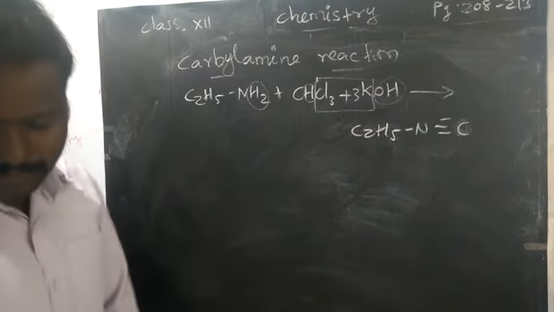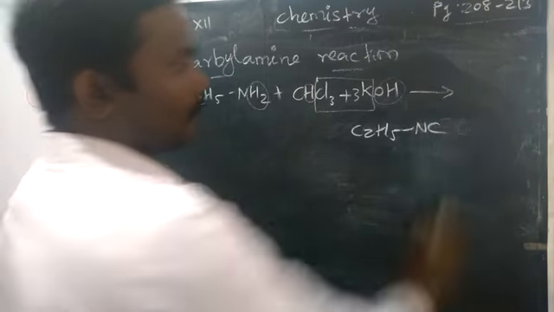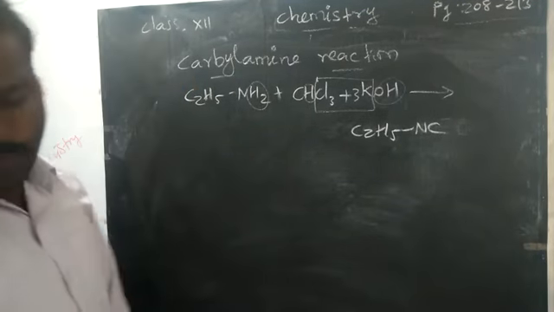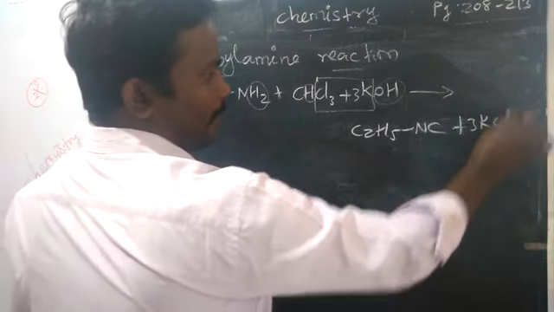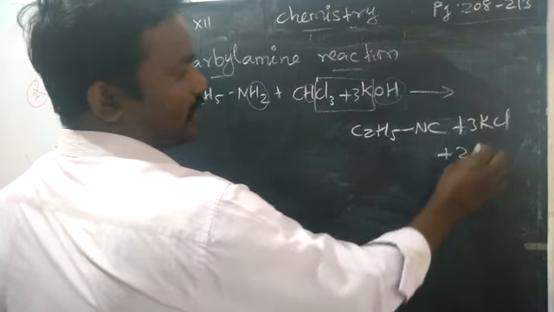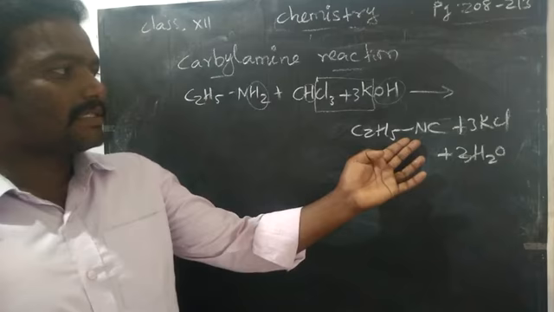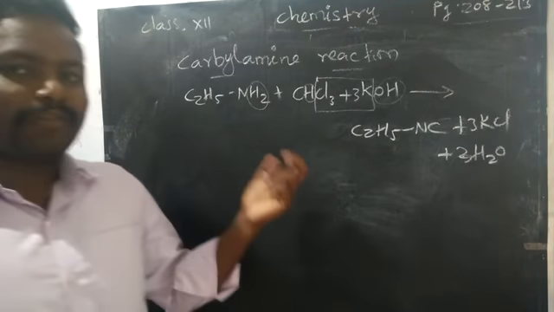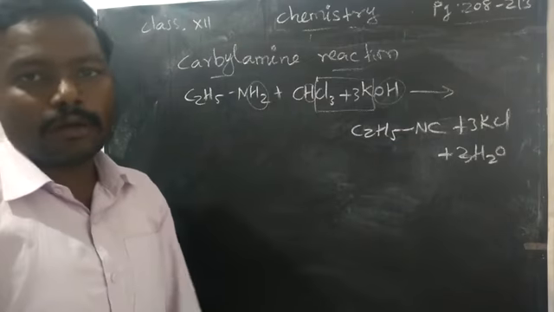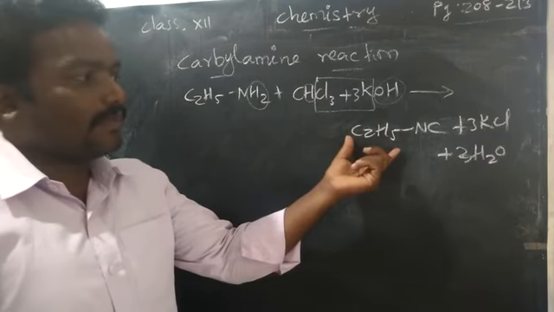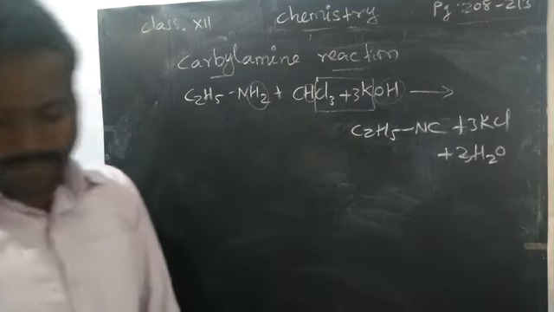Or simply you can write NC. Then what are the side products? We will get 3 KCl and 3 moles of water. Usually we get CN, which means cyanide. NC we got, so it is an isocyanide. So what is the name of this compound? Ethyl isocyanide is the name of the compound.